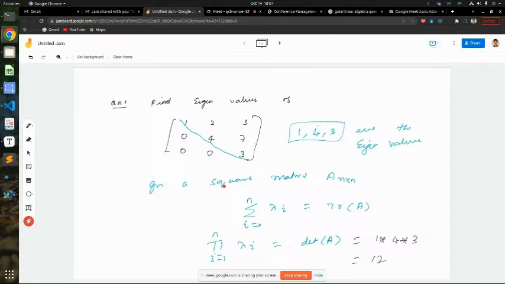Now you can use this property to state the eigenvalues for an upper triangular matrix easily, without having to write the characteristic equation explicitly and finding the roots of it. That is a tedious process, and it will take a lot of time.